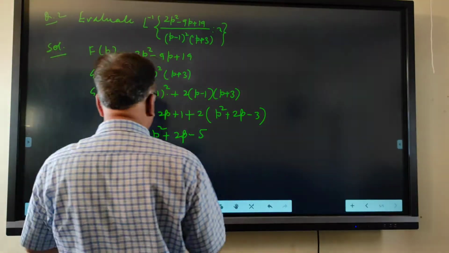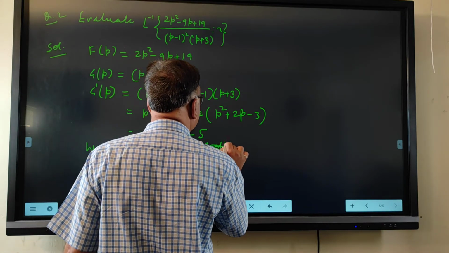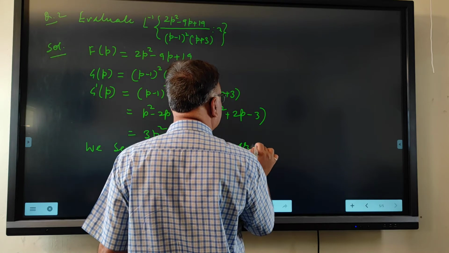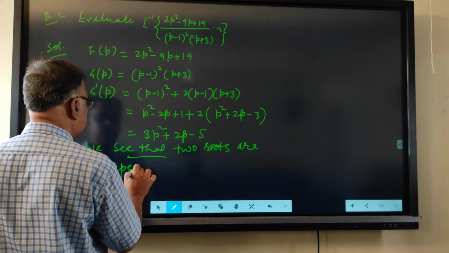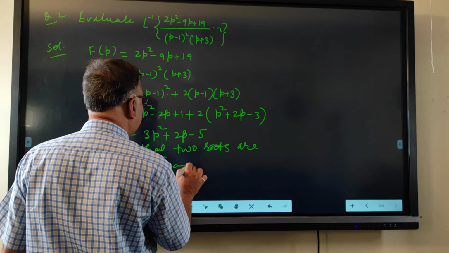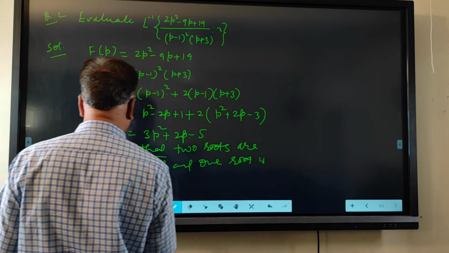So we see that here 2 roots are repeated and 1 root is non-repeated.